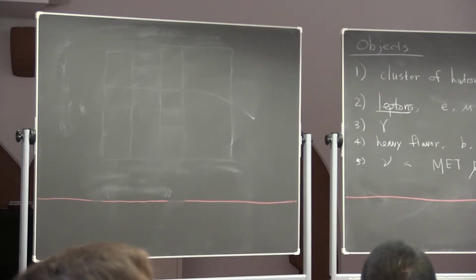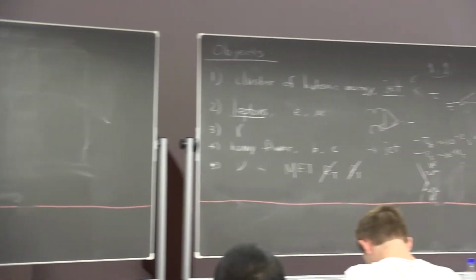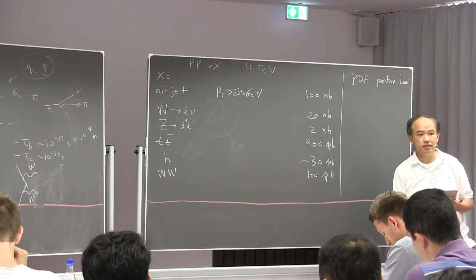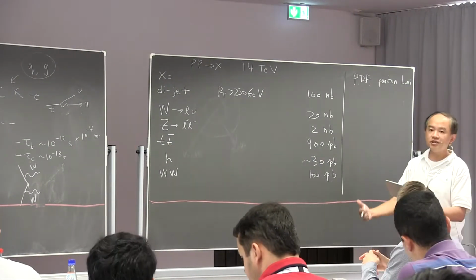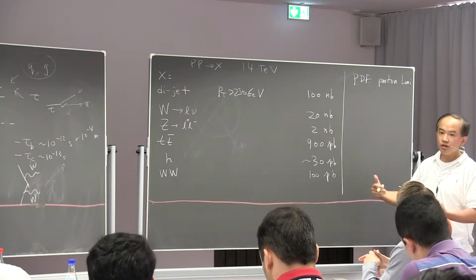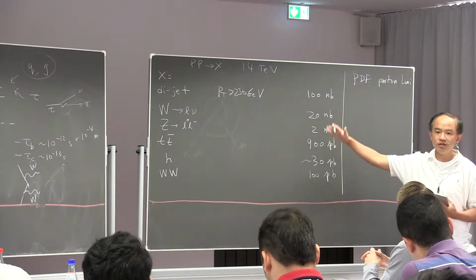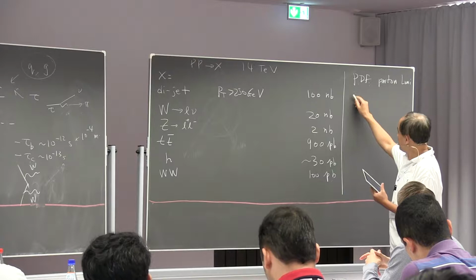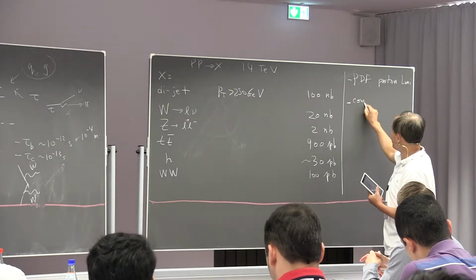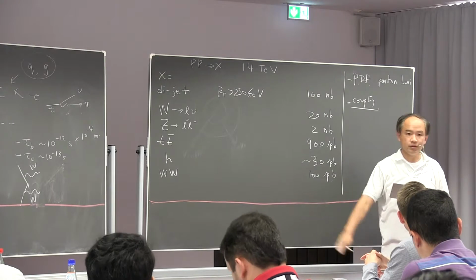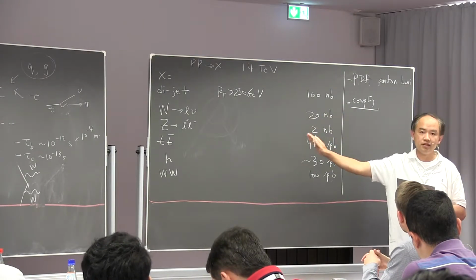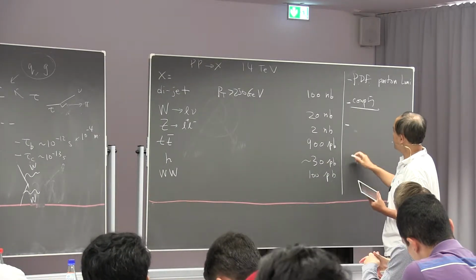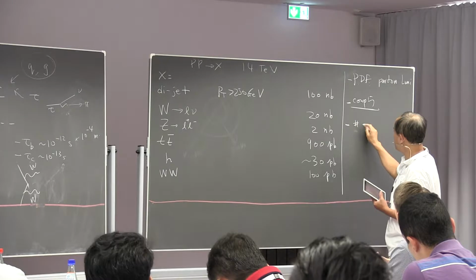The first thing is it depends on the PDF, or parton luminosity. It depends on what the initial state is, and on where the energy is. What is the parton fraction I need to worry about? And it depends on couplings, on whether it's weak coupling or strong coupling, QCD coupling or electroweak coupling.